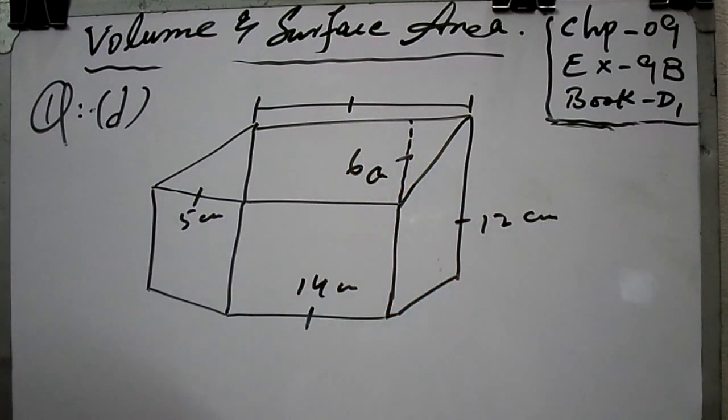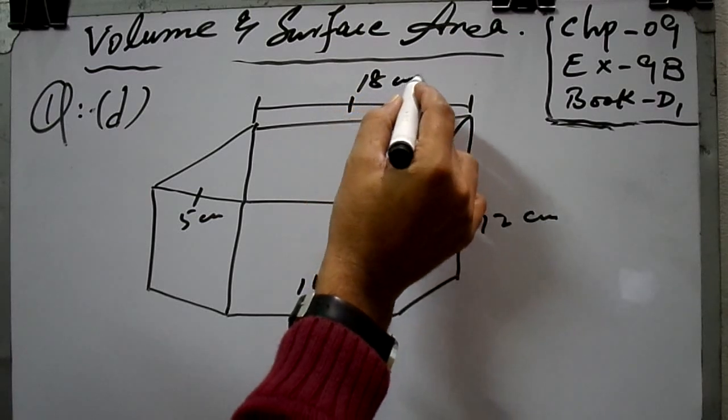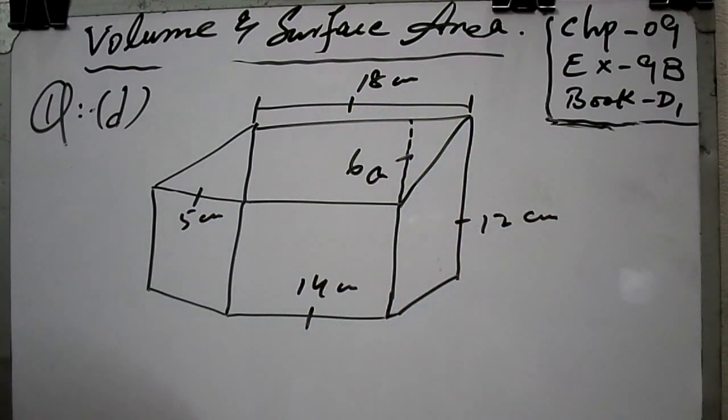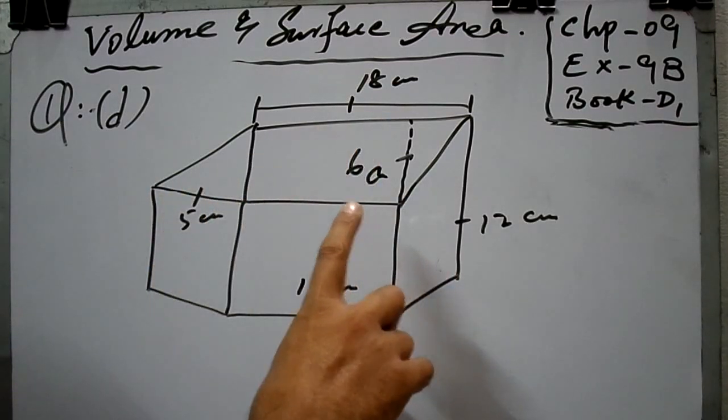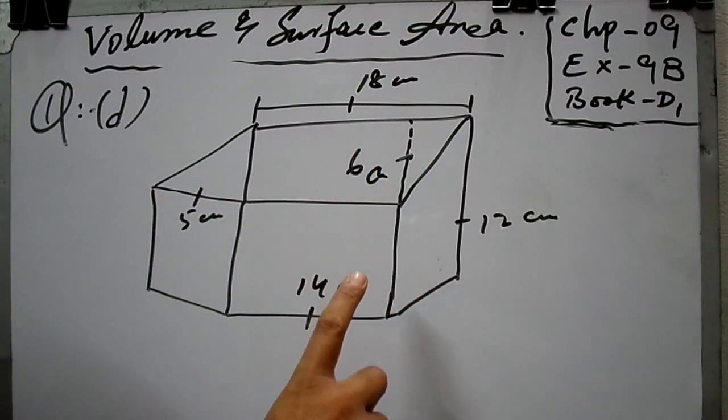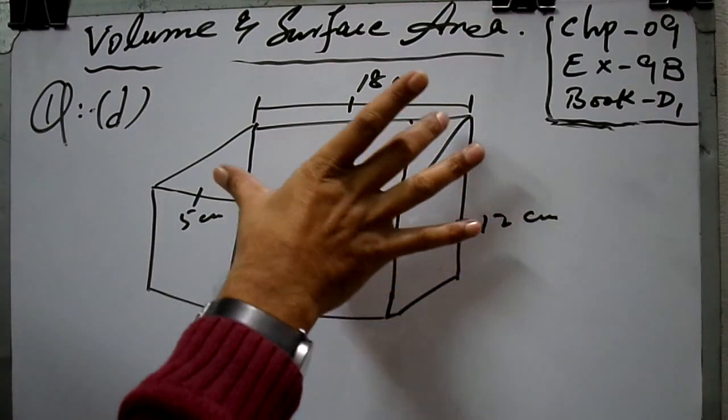You can see in your textbook clearly, that is 18 centimeter. So now these are the configuration given to you. Then how can you find its volume? Here one rectangle is very much clear. So here is volume of rectangle, but you can see here two triangles.